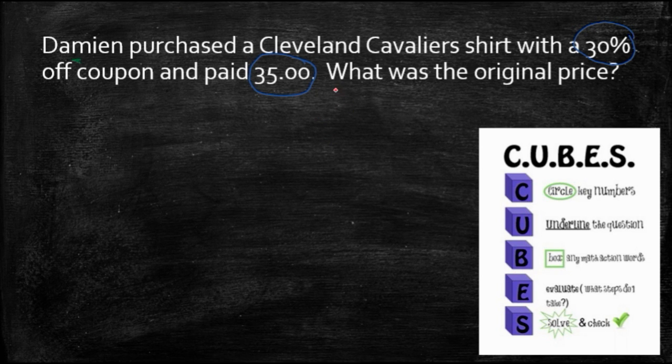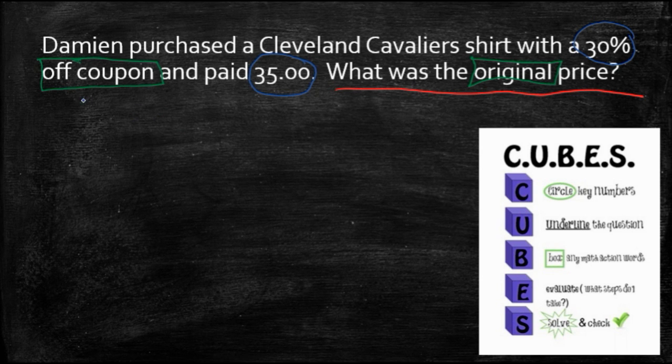Okay, we're going to box in any of the important words. I would say that original is a super important word. And I am going to actually box in off coupon as well, because that tells me that it's a discount. Because when I go into a store with a coupon for a certain percentage off, I am expecting that price to be lower at the end, not higher.